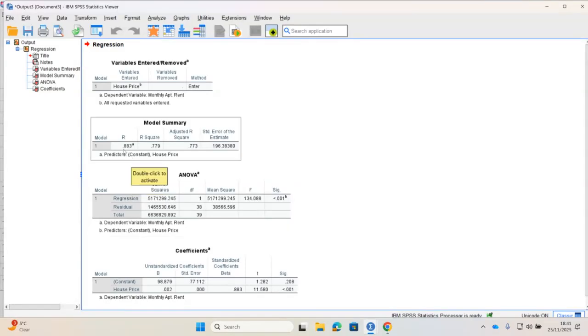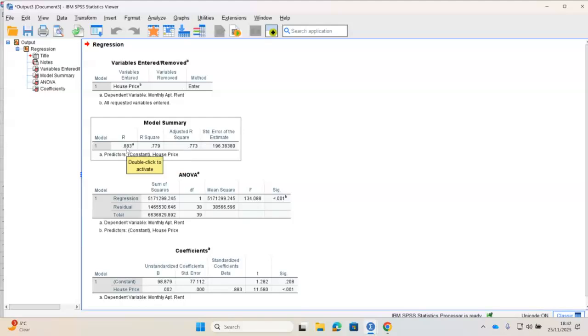What is R called? What was R called? Oh, sorry, R square was the coefficient of determination. R was the correlation coefficient.